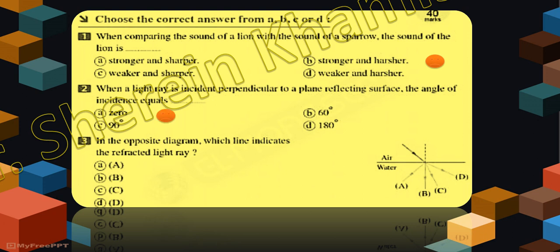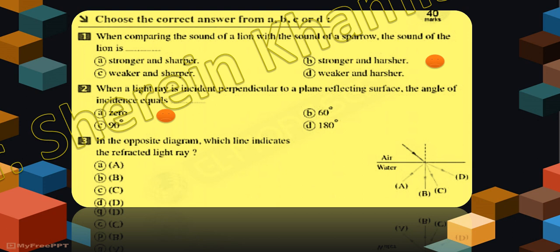Let's go to question 3. We have the opposite figure. Which line indicates the refracted light ray? We have light falling from the air into water, so the speed of light will decrease as it goes from a medium of low optical density to a medium of high optical density, so the angle will decrease.